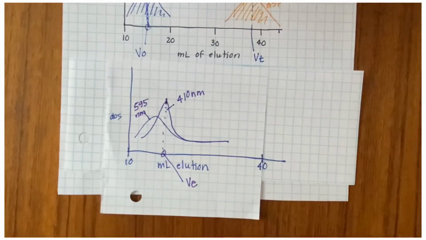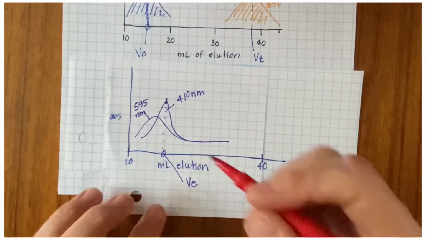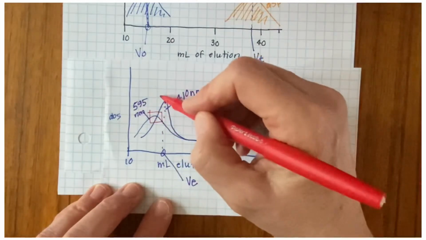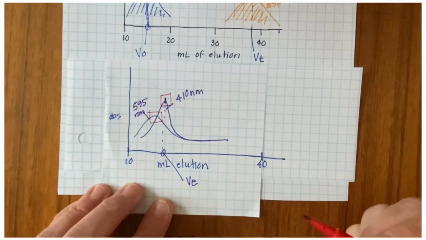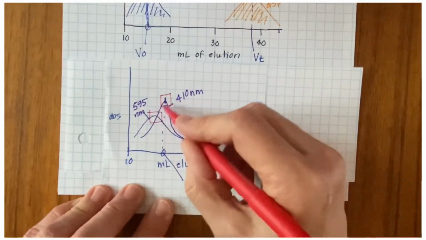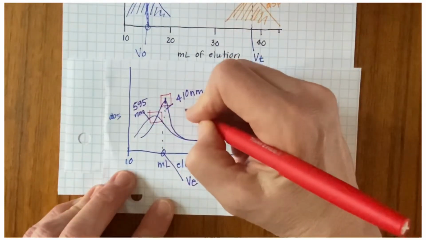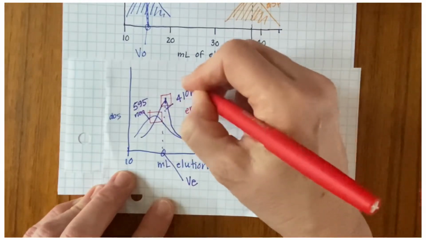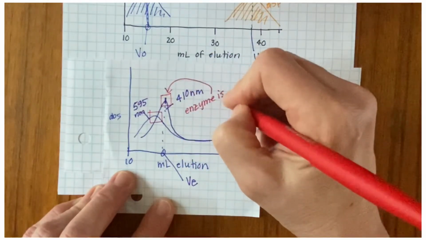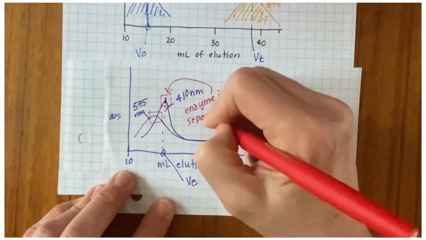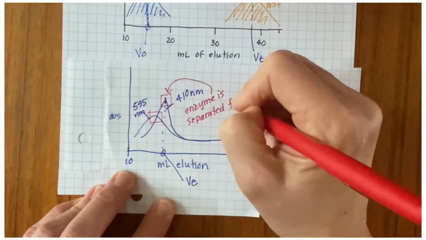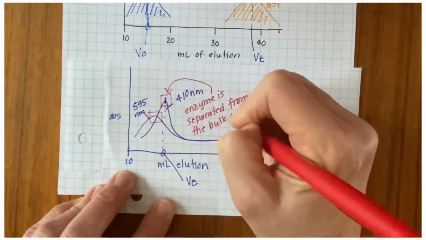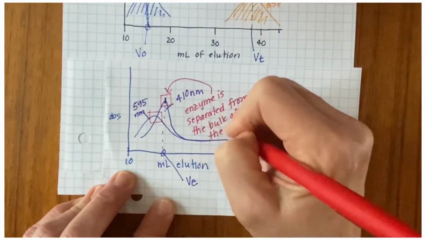But before we go ahead and do that, let's take a look at what we have here. So this is the peak of the protein, and this is the peak of the enzyme activity. Since those two peaks are different, what it means is the enzyme, which is the peak here, is separated from the bulk of the protein.